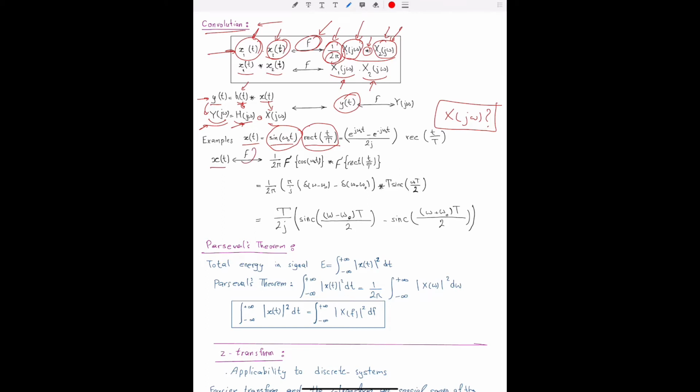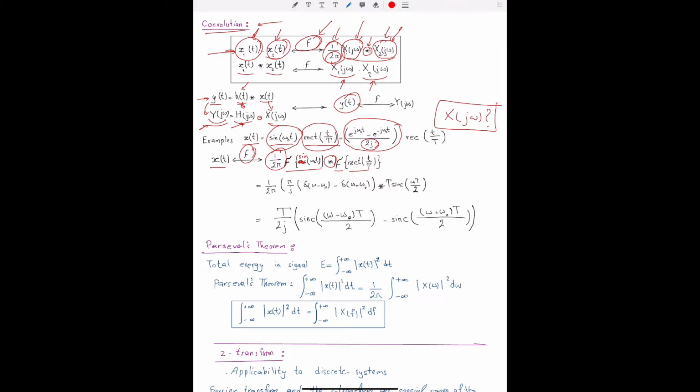So x of t, if we take the Fourier transform of that, is going to be 1 over 2 pi Fourier transform of sine of omega naught t, and then convolute Fourier transform of rectangular of t divided by capital T. Now we know that sine of omega naught t can be written as e to the power of j omega naught t minus e to the power of minus j omega naught t, divided by 2j.